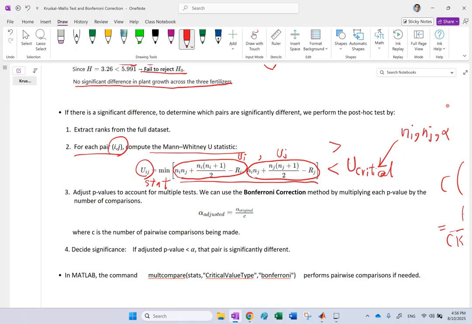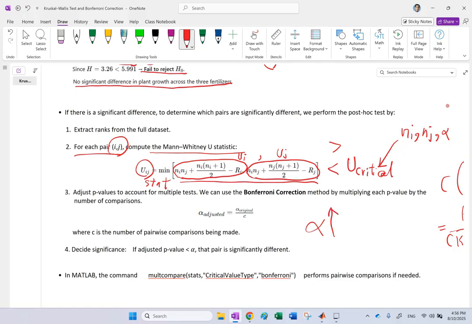This is not independent from the 2 previous tests. So if 1 and 2 were different and 1 and 3 were different, 2 and 3 could be a little bit affected by that result, or a little bit dependent on that. For that reason, when I do lots of these interconnected or dependent pairs of comparisons, the chance of a type 1 error, or alpha, goes up automatically.